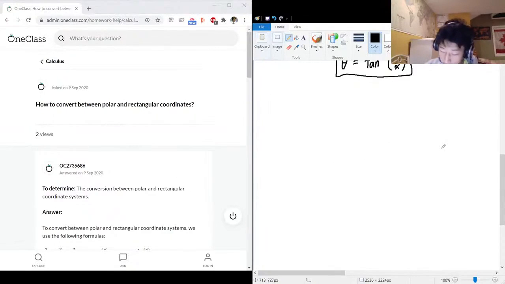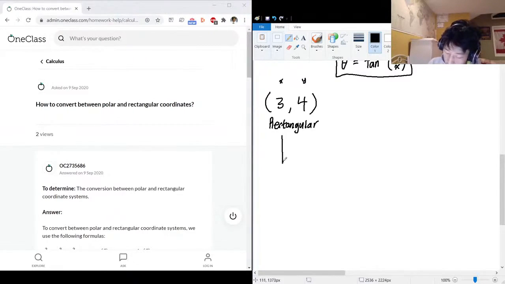Let's say we want to convert the point 3, 4. So this is x, and this is y. So this is rectangular, and let's convert it to polar.